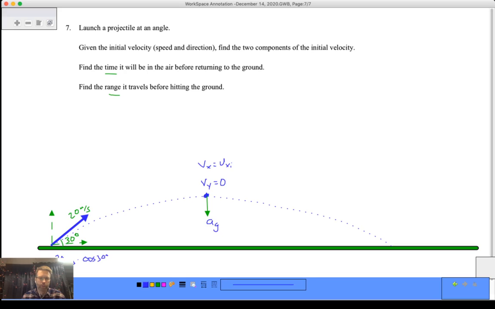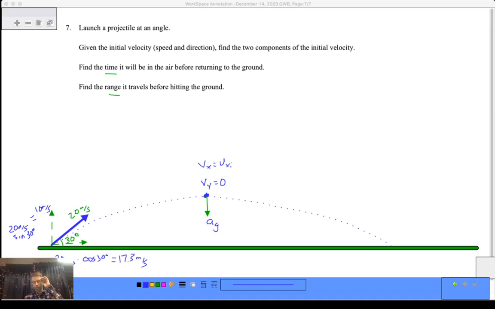And the initial vertical velocity is 20 meters per second times the sine of 30 degrees. So I'm going to grab my calculator and figure those out. Okay, 20 times the cosine of 30 is 17.3, that's the horizontal speed. 20 times the sine of 30 is 10, because of course the sine of 30 is 1/2, so that's the initial vertical speed.